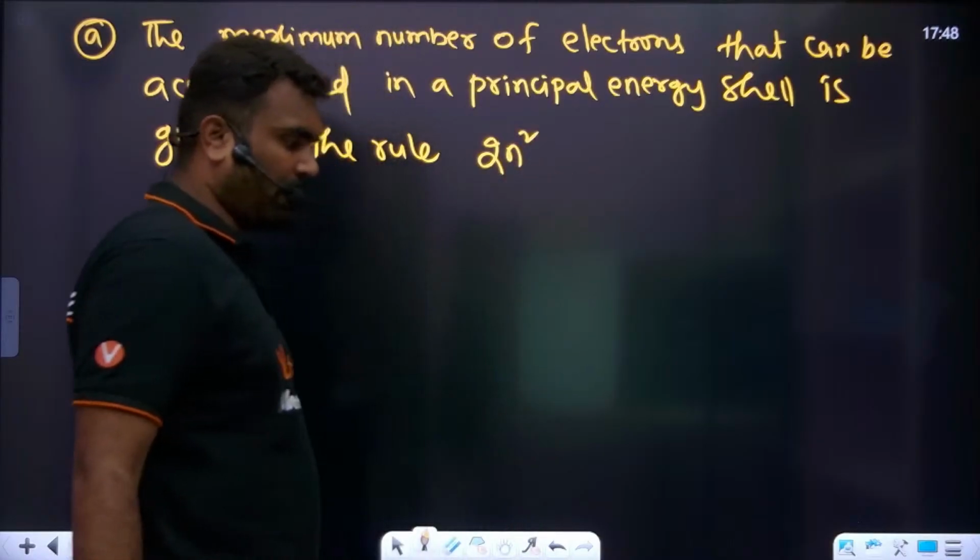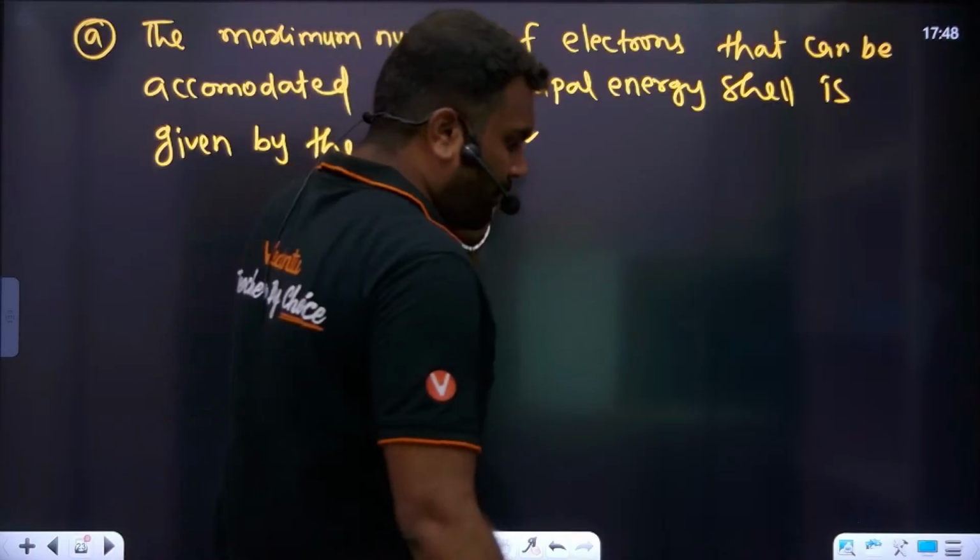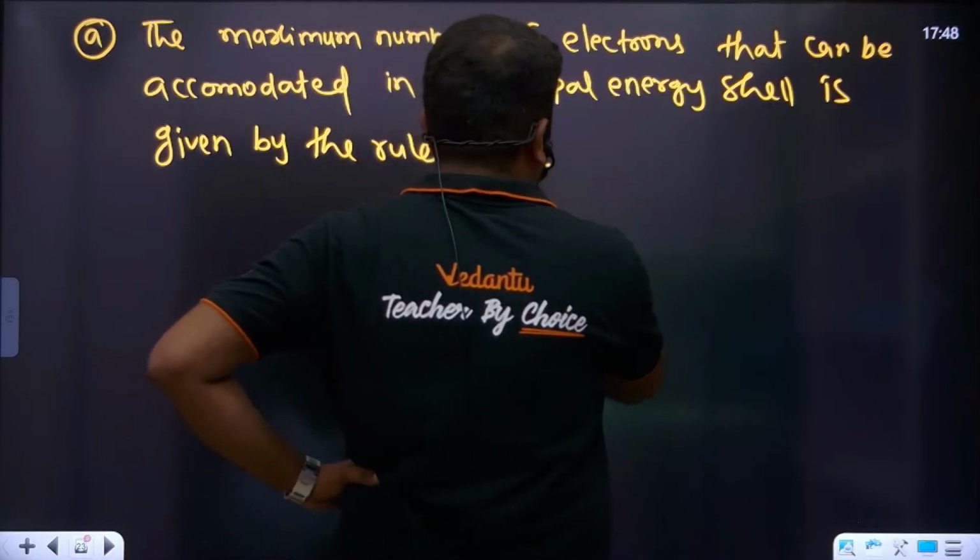Okay na, they give it according to the 2n square rule, where n is the principal quantum number.